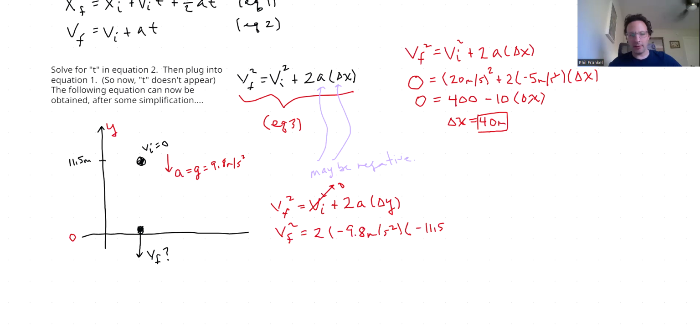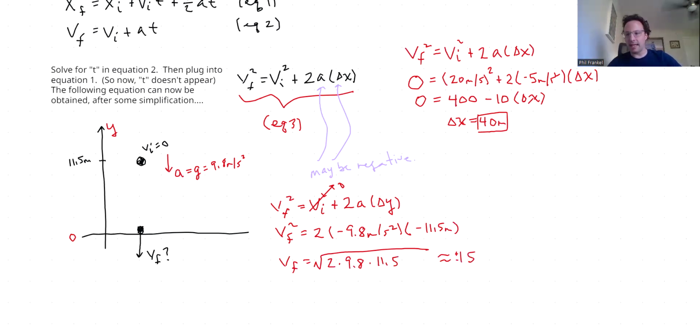All right, the final velocity is therefore the square root of 2 times 9.8 times 11.5, because the negative signs multiply to positive 1. And this is approximately equal to plus or minus, really this should be plus or minus because I put in the square root sign, plus or minus 15 meters per second.